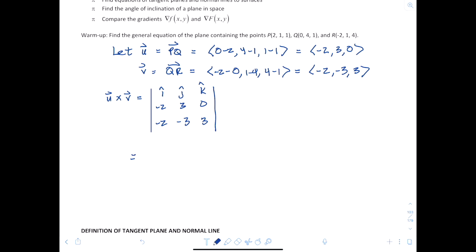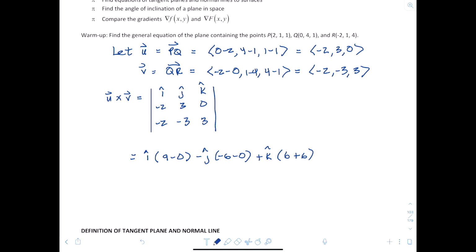And that will equal i times 9 minus 0, minus j times, I'm just doing the determinant here, -6 minus 0, plus k times 6 minus -6, so 6 plus 6. Cool, cool?